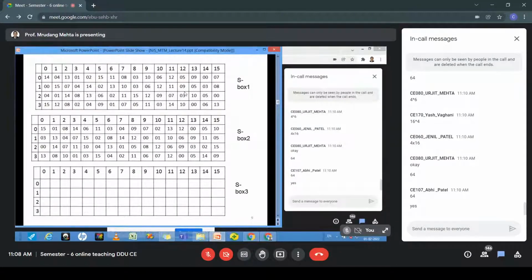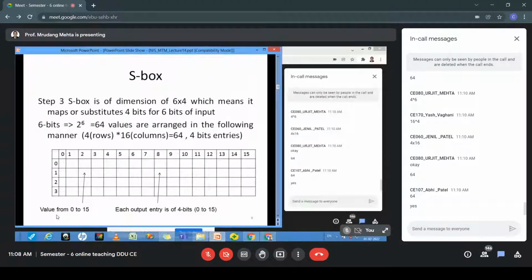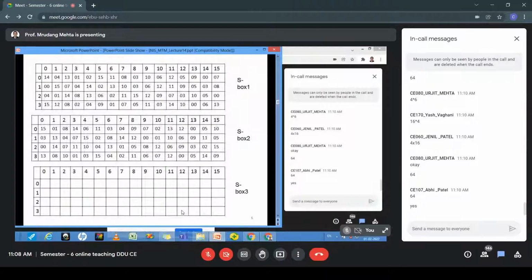Here also, in the second row, third row, fourth row, all values are from 0 to 15. That is what I have shown here. Each output entry is of 4 bits, because a value from 0 to 15 can be represented by a 4-bit binary number. Is that clear now?